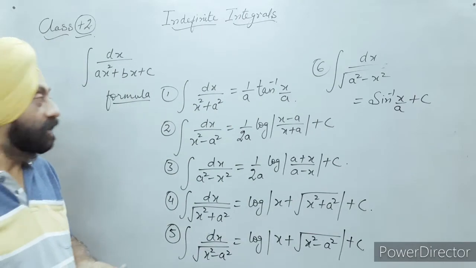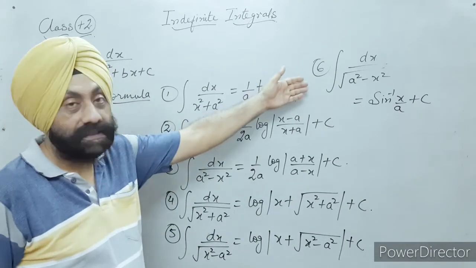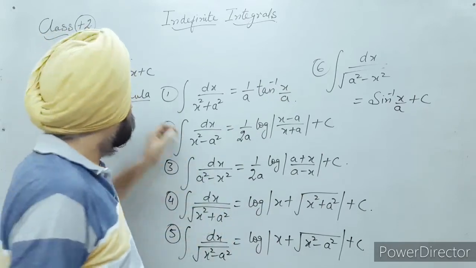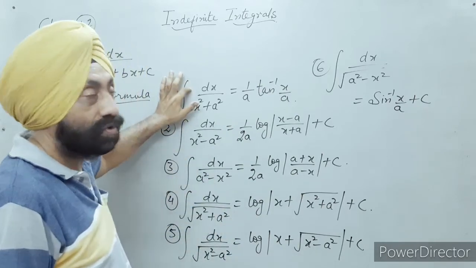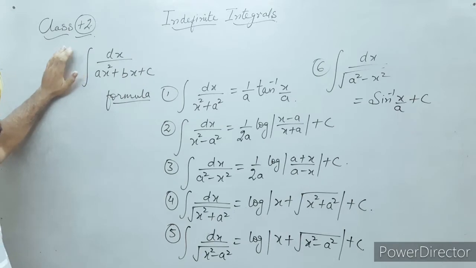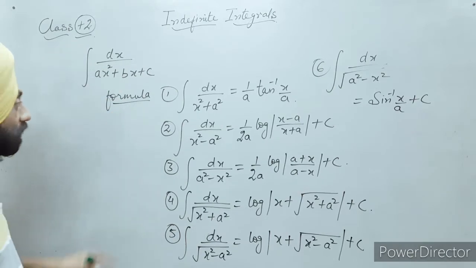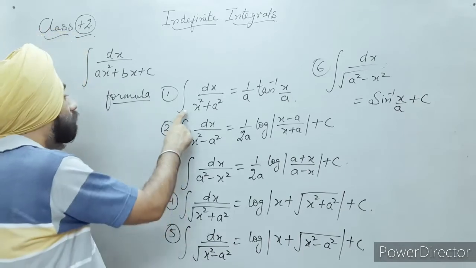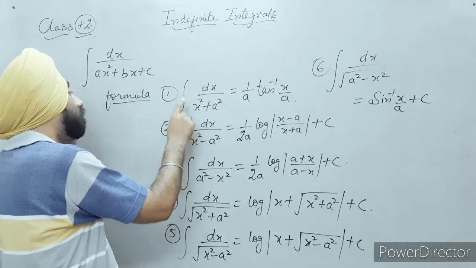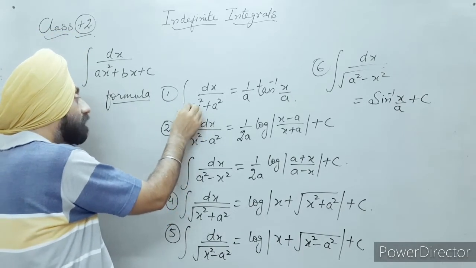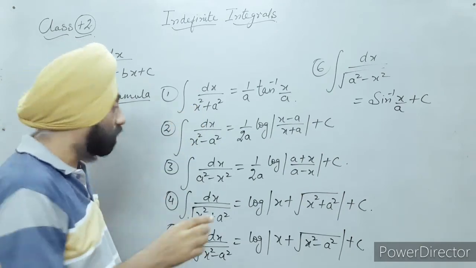Now these six formulas, you should remember, will be used in this type of integration. But in all the cases, what do you notice? The coefficient of x square is 1 in all the cases.